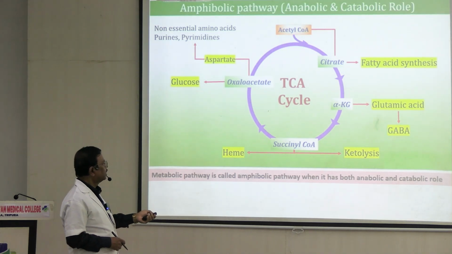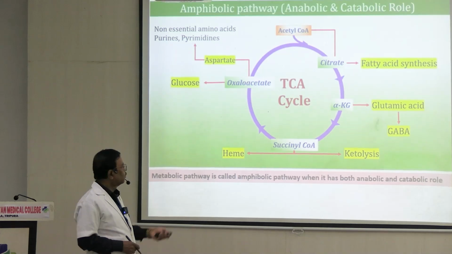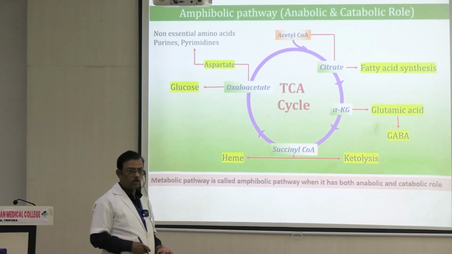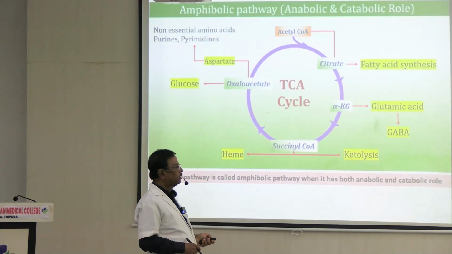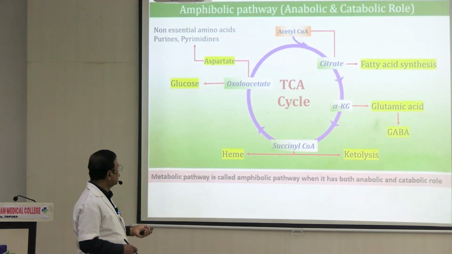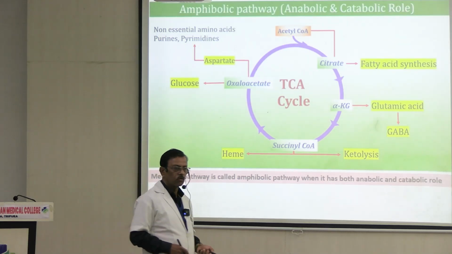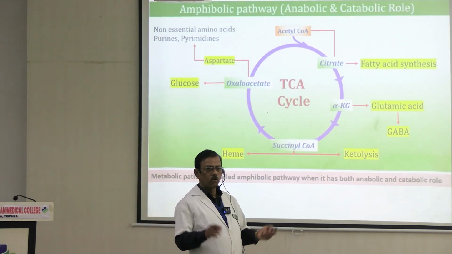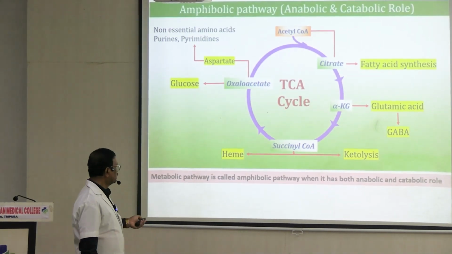Then alpha-ketoglutarate forms the amino acid glutamic acid. From glutamic acid, gamma-aminobutyric acid, a neurotransmitter, is synthesized. Then succinyl-CoA is used for heme synthesis. Succinyl-CoA plus glycine is condensed in the first step of heme synthesis.